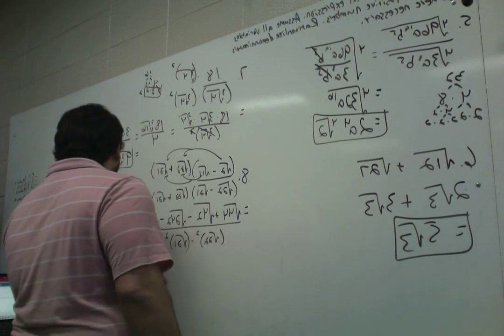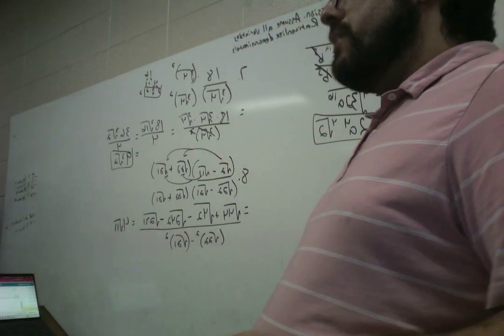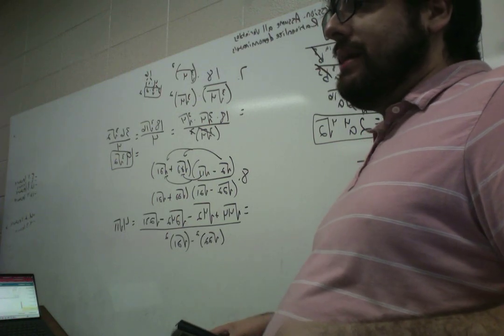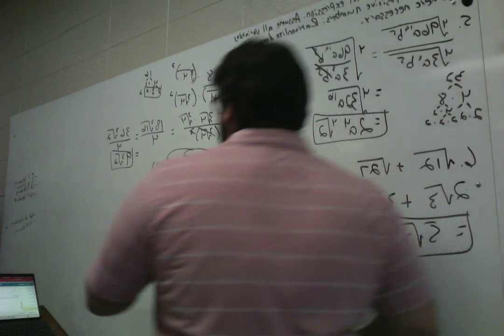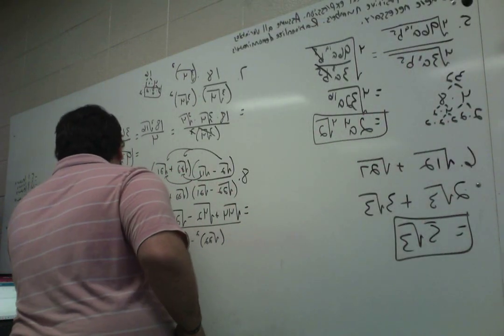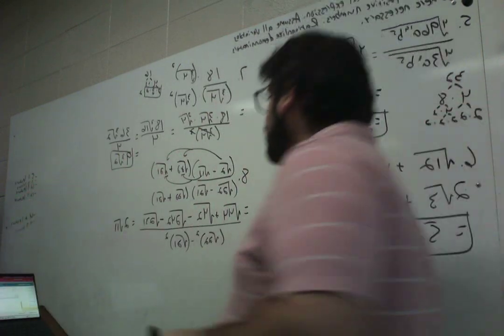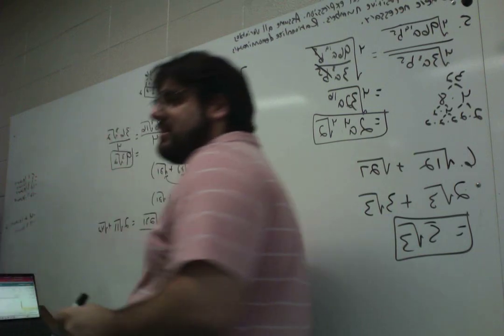So I have 2 square root of 11. Now if I look at 42, 42's factors are 6 and 7, but 6 is only 2 times 3. Thank you for correcting me on that. Good job, Alex. So I'm going to leave the square root of 42 in there. I can't do anything with that.